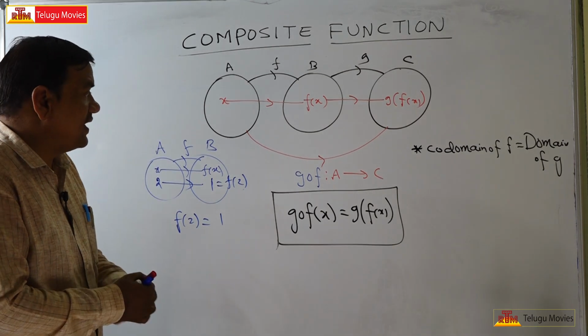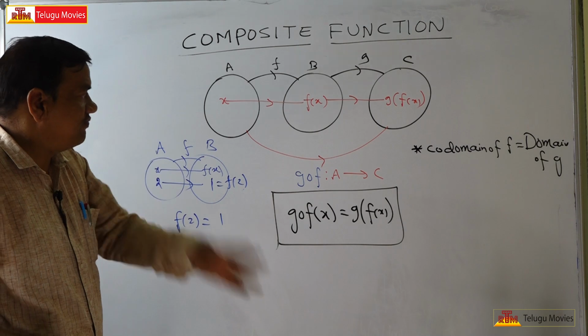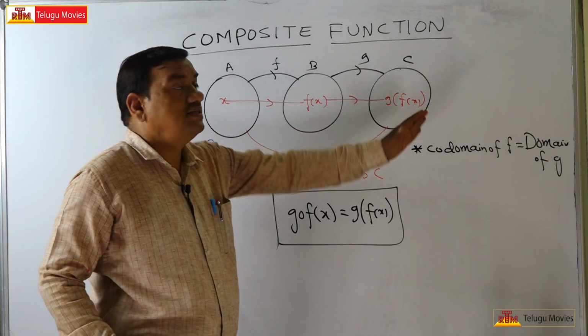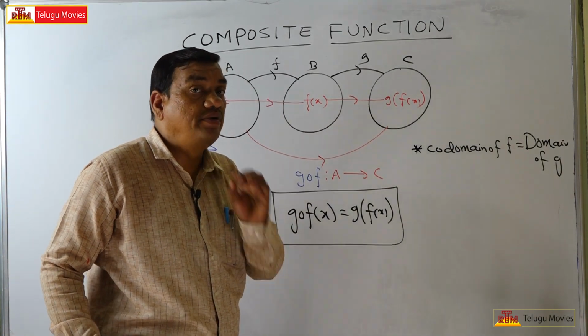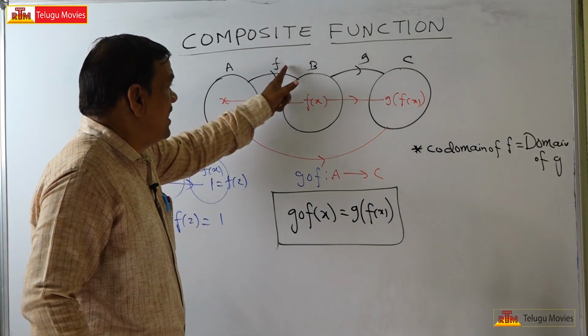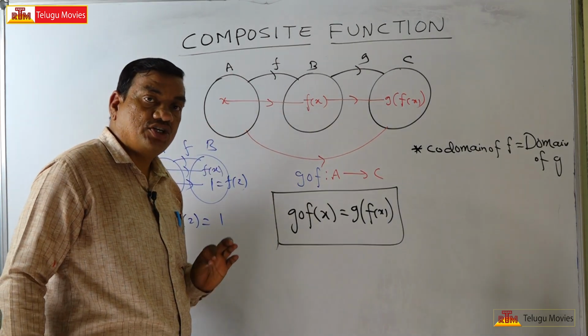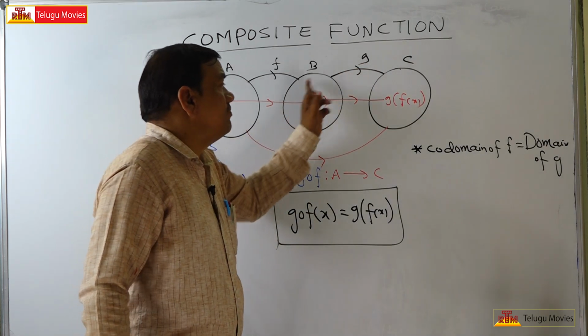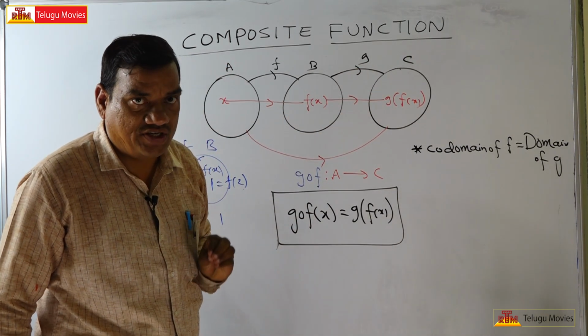So now I will explain the definition of the composite function clearly. Let A, B, C be three non-empty sets. Let F from A to B be a function and G from B to C also be a function.